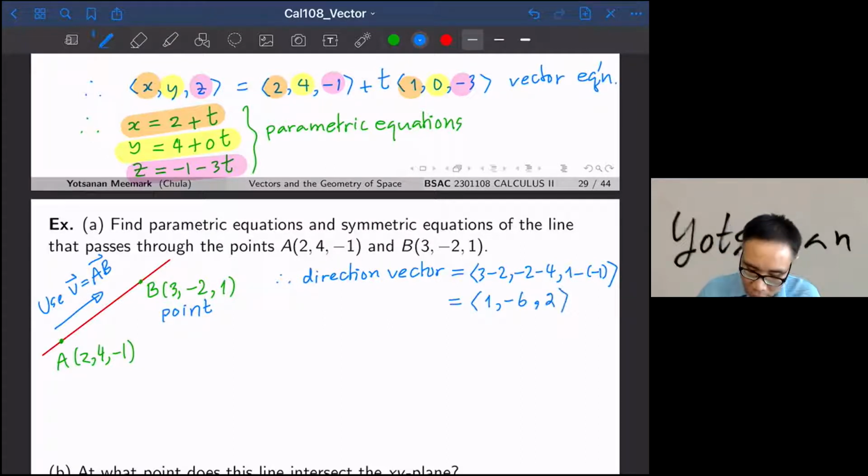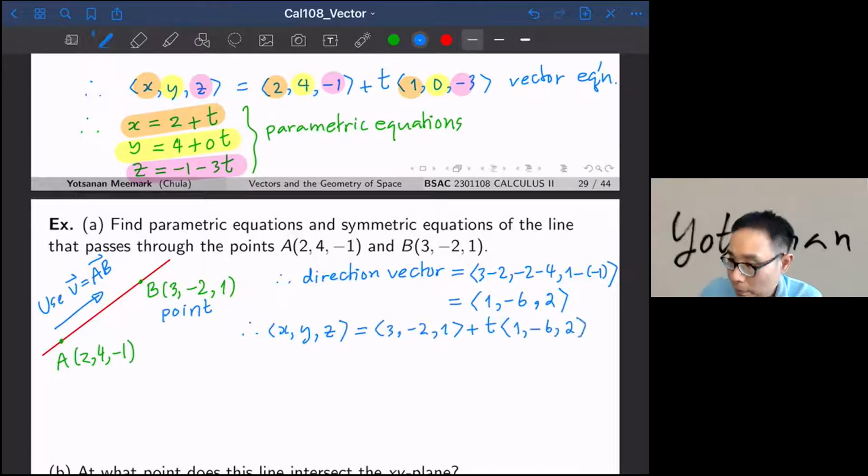So x, y, z equals x0, y0, z0, which is 3, negative 2, 1 as the point, plus t times 1, negative 6, 2, the direction vector.